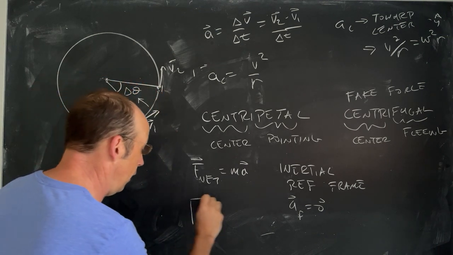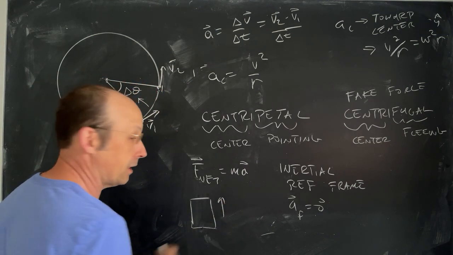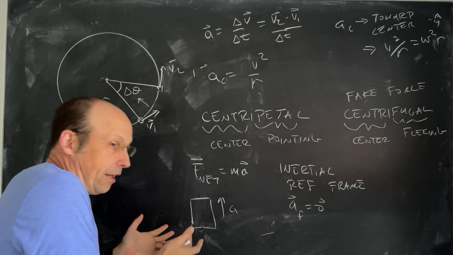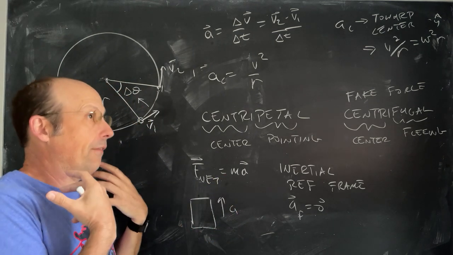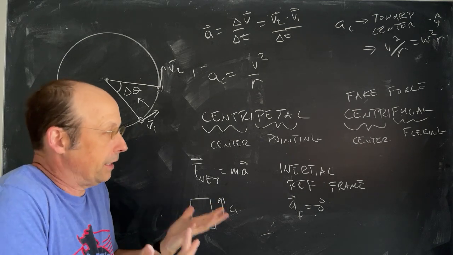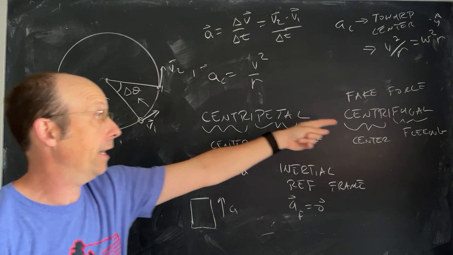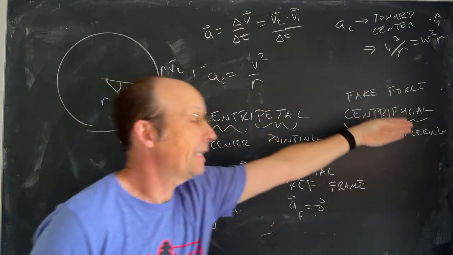However, if I'm in an elevator and the elevator's accelerating up, then this doesn't work, right? If I use that as my reference frame to measure velocities, I have an extra force that pushes me down. I don't know what that is. And then we would add that in to make Newton's second law work. We would add in a fake force. That's what this is.